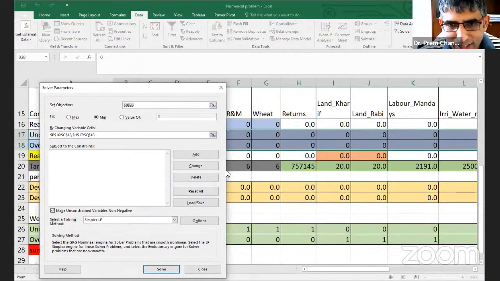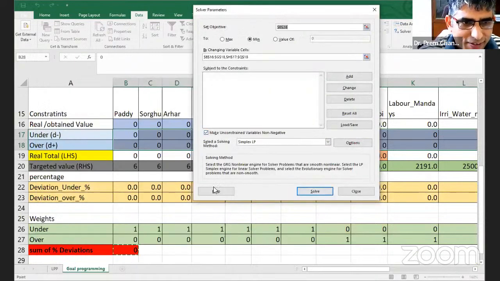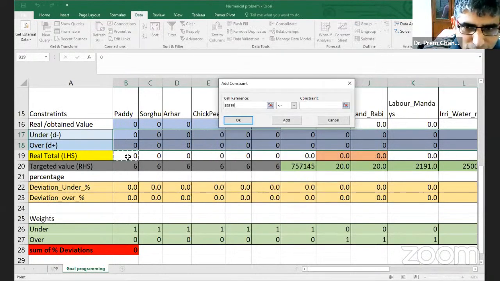So my constraint is the right hand side, and that means my real total should be equal to my targets.